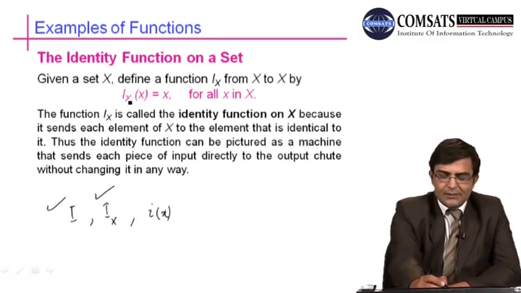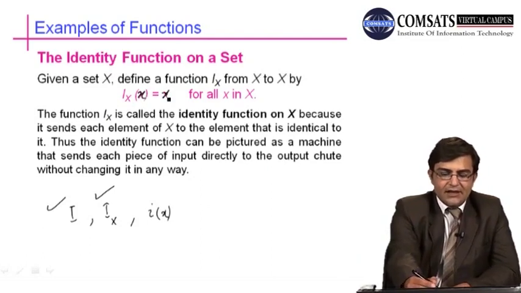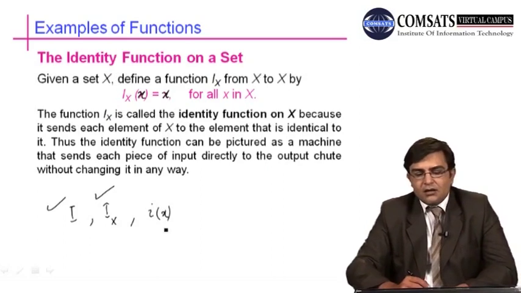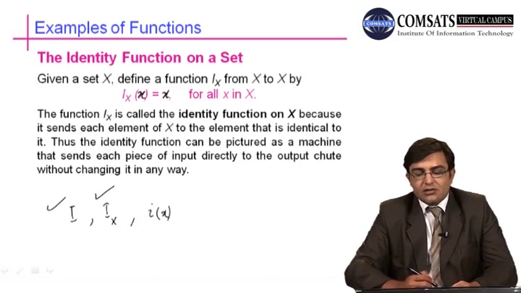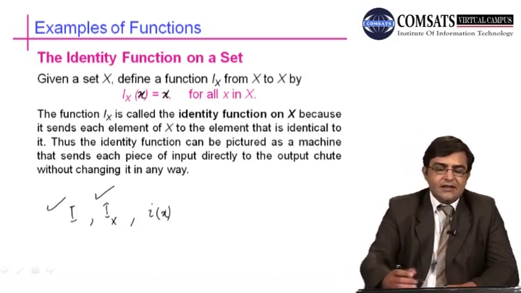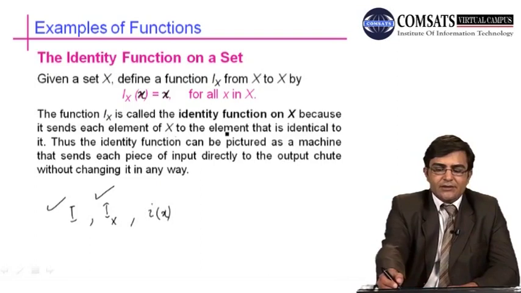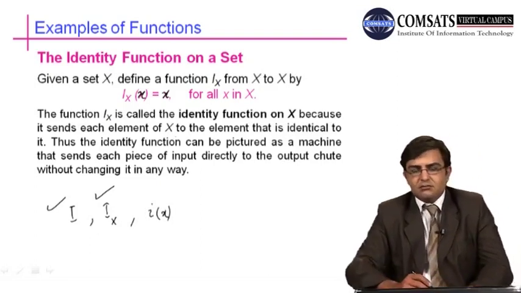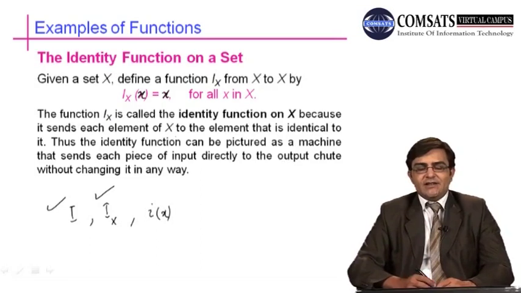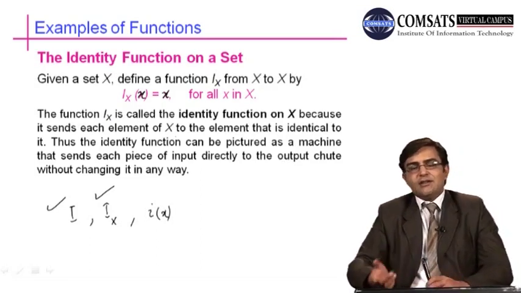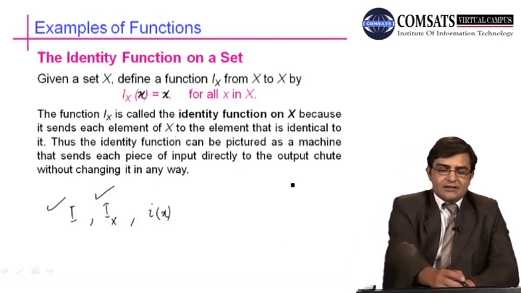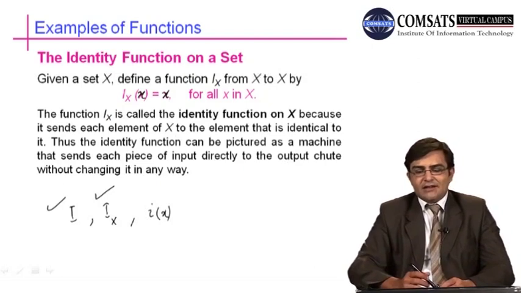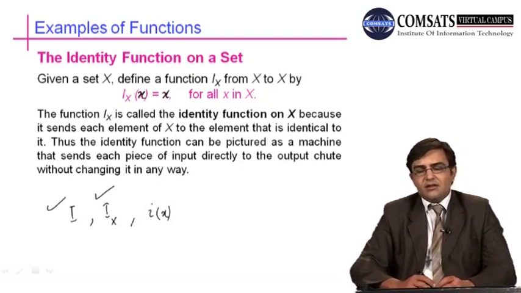This is the capital X, and these are the small x, the elements of X. So this function is called the identity function, and it sends each element of X to the element that is identical to it, or the same element of X. The identity function can be pictured as a machine that sends each piece of input directly to the output without changing it in any way.